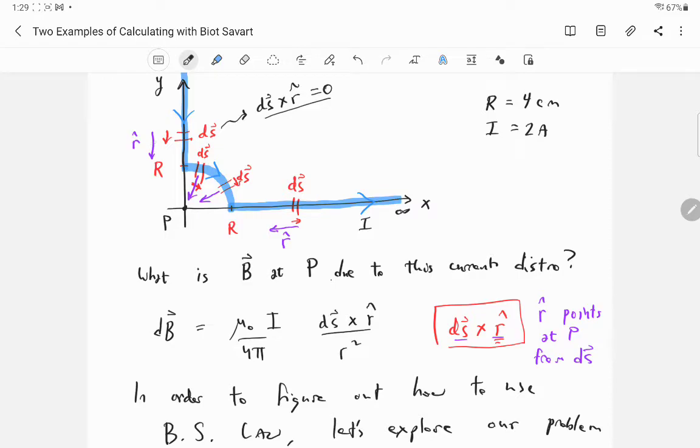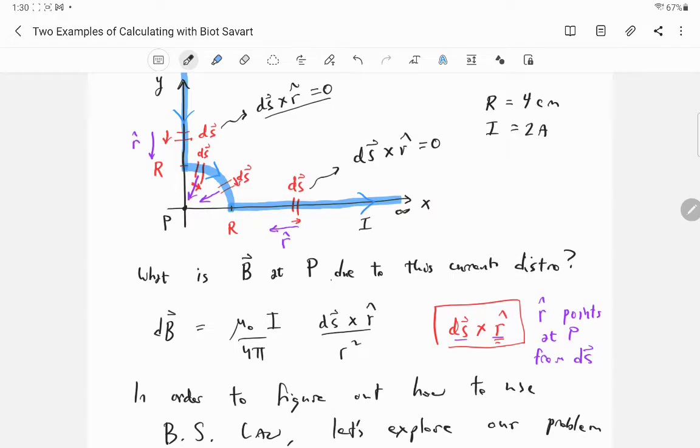They're parallel. And if you remember from our cross product right-hand rule video, if the angle between the two vectors in the cross product is 0, that is they're parallel, they point in the same direction, then their cross product is 0 because you're taking the sine of 0 as the angle. In this case, though, ds cross r hat is equal to 0 again, but it's not because they're in the same direction.